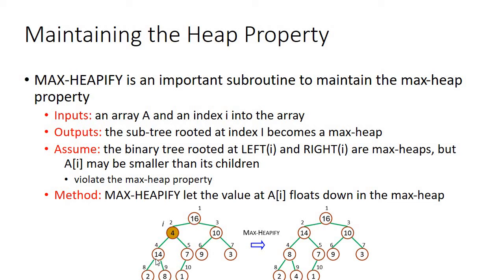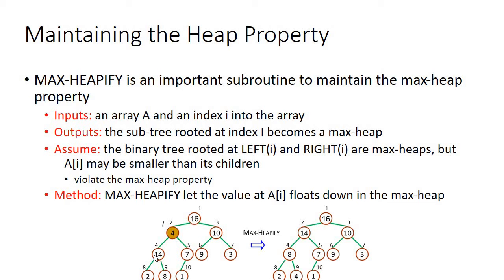We need to compare 4 with 14 and 7. So how can we move this 4? The 4 goes either this way or that way. If we replace 4 with 7, 7 is again less than 14, so we need to compare these elements, see which is the highest one, and replace the 4 with the highest one.